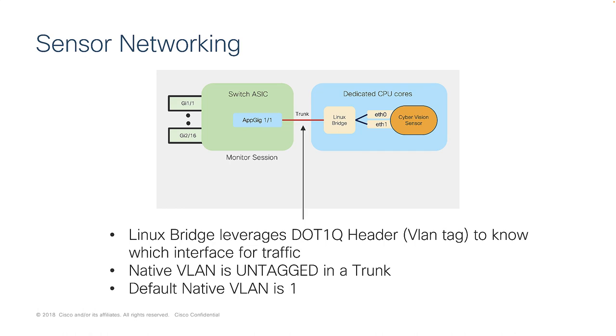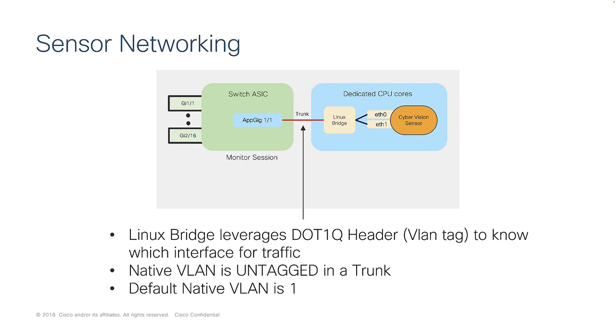When leveraging application hosting or IOX, we're going to leverage the Linux bridge functionality to get the information from the switch itself into the virtual interfaces, again, ETH0 and ETH1 of the sensor. And the way the platform differentiates the communication for each interface is by leveraging the .1Q header. So we'll configure AppGigabitEthernet 1/1 as a trunk interface.